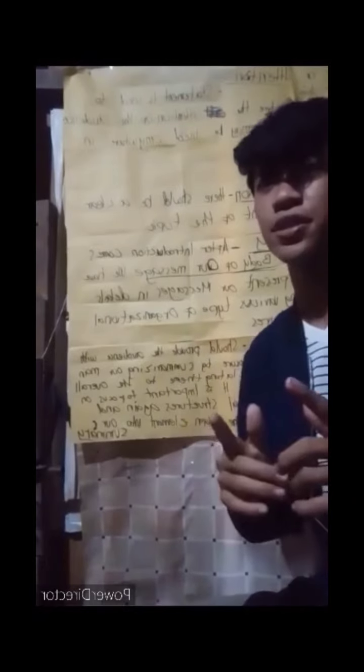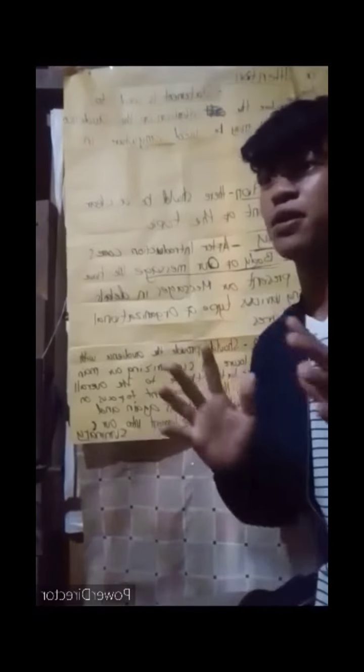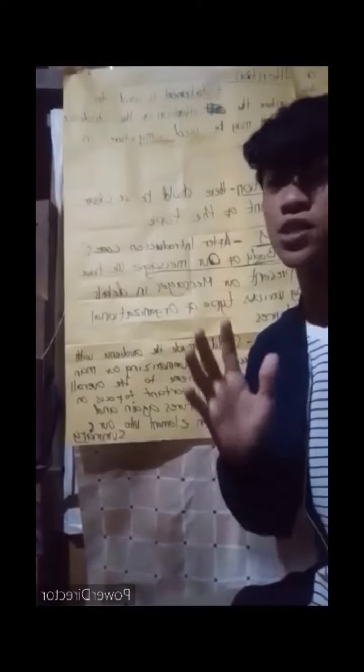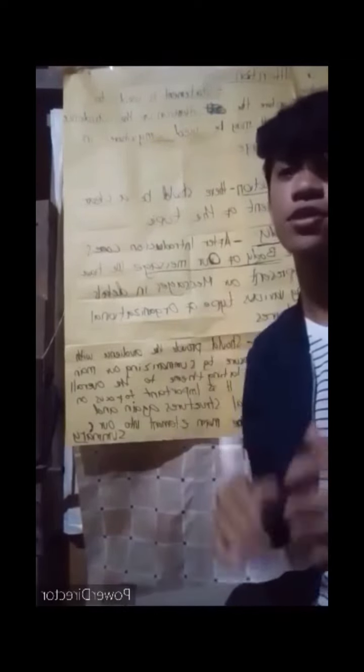Introduction. There should be a clear statement of the topic. I need to have valid information, and when we say introduction, it's about how we introduce a certain topic to the audience, and the way we introduce it should be suitable to our topic.